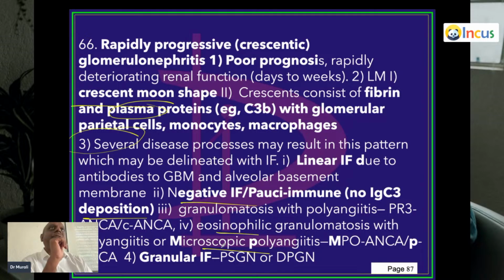I told also one way to remember, MPA is microscopic polyangiitis. MPA is also the name for main pulmonary artery. Hence, pulmonary artery involvement is a feature of microscopic polyangiitis, but not polyarteritis nodosa. What is the viral infection found in 30% of cases of hepatitis B? And which vasculitis has hepatitis C association?